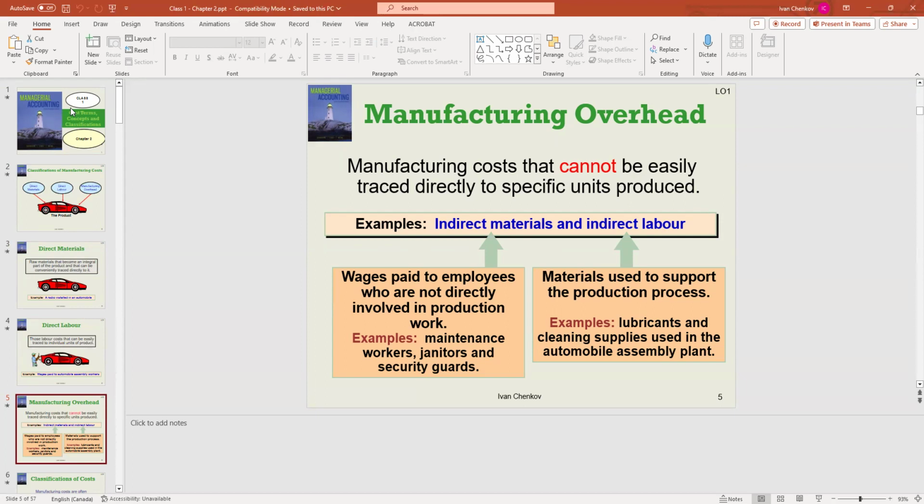So in manufacturing overhead, we're going to have indirect material, indirect labor, and all other indirect costs which are related to the product but cannot be easily and directly traced to the product.